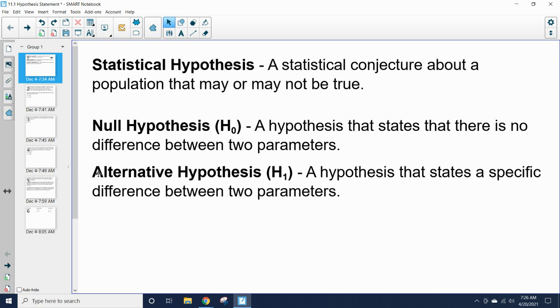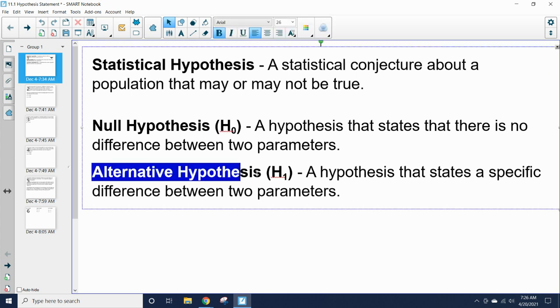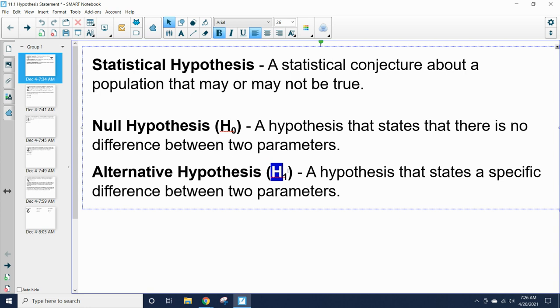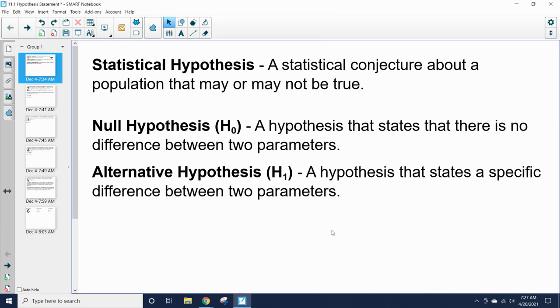While the alternative hypothesis is typically written as H sub 1, the 1 being the alternative, showing it's different from H sub 0 or H sub null. An alternative hypothesis is a hypothesis that states a specific difference between the two parameters. So there's some sort of difference between the current belief and what your research actually suggests.